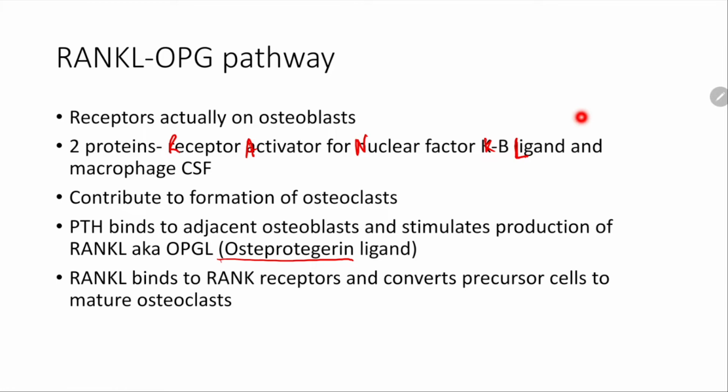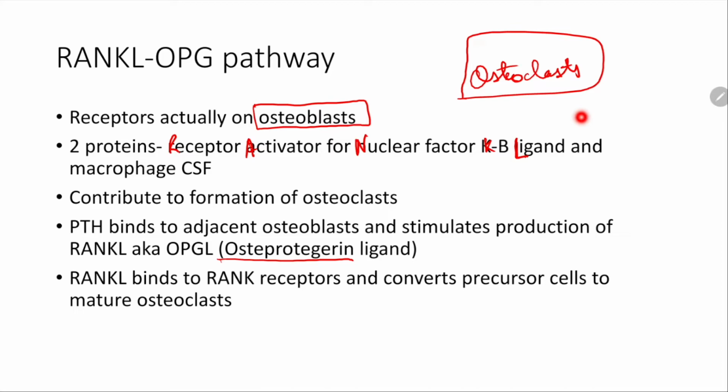So the receptors for this usually affect osteoclasts. Osteoclasts, as you know, are cells that cause resorption of bone. They release calcium from the bone. Osteoblasts, on the other hand, are cells which lay down new bone and therefore increase calcium deposition in the bone. Now, what's very important to remember is that even though the action is on osteoclasts, the receptors are actually on osteoblasts.